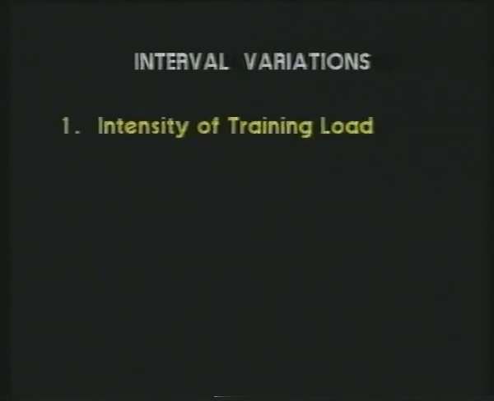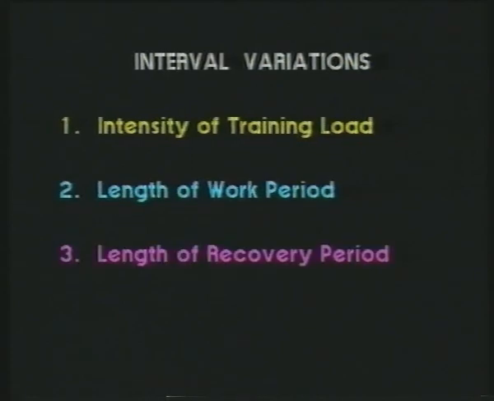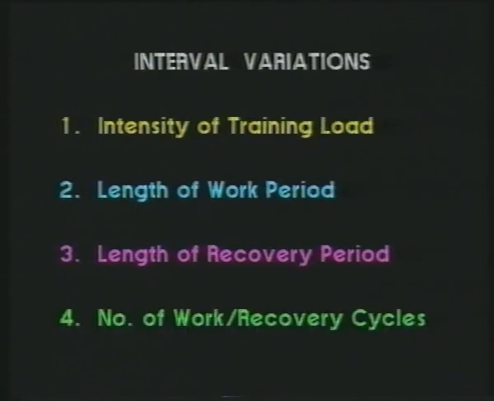There are, in fact, 4 ways in which the interval training routine can be varied to suit the needs of the individual athlete. These variables are the intensity of the training load, the length of the work period, the length of the recovery period, and the number of work and recovery cycles.